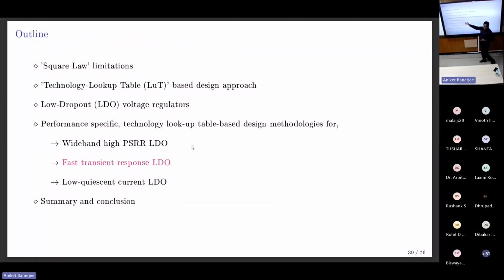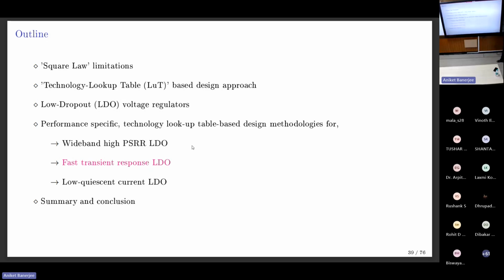Okay, so this is about the wideband PSRR design. Now, if you go to the fast and next LDO topologies, the methodology is going to be the same. We are going to change our wish list, what we want from the LDO, and then tie our wish list from the LDO to the gm/ID, ID by W of the lookup tables.